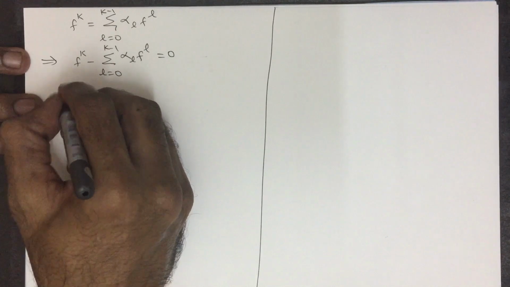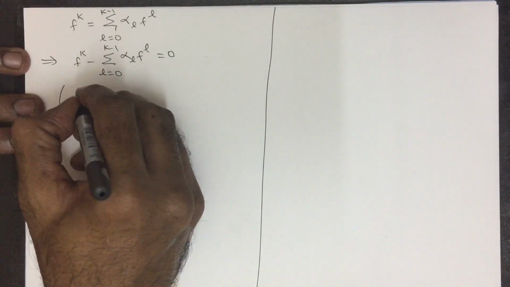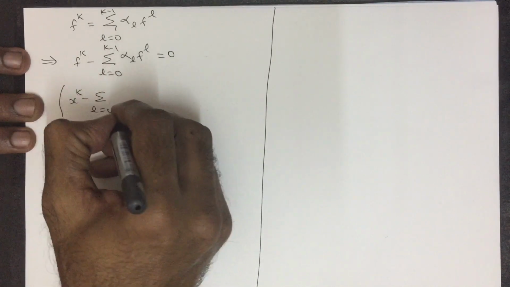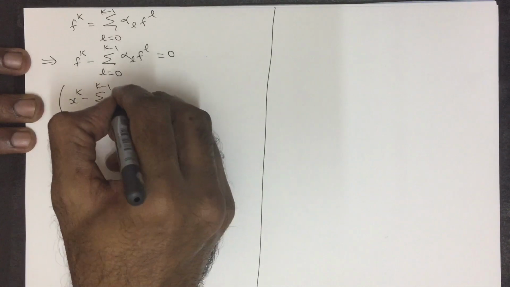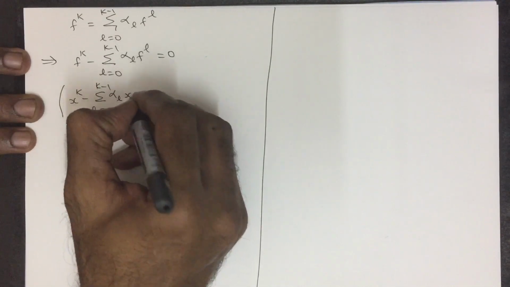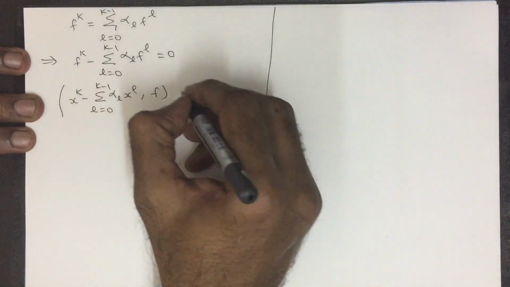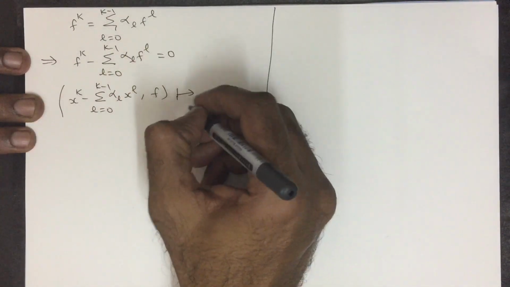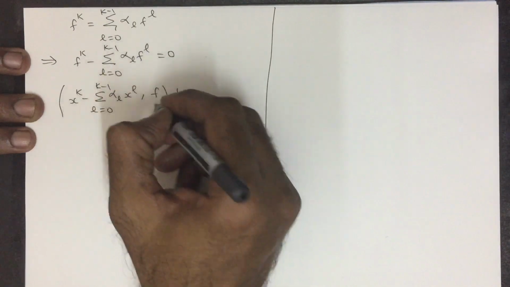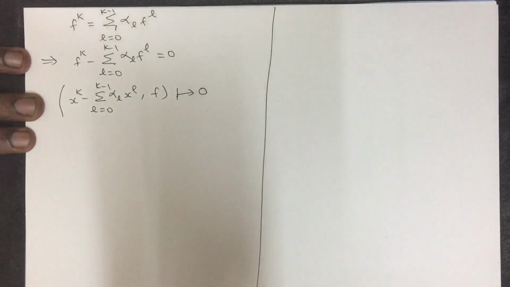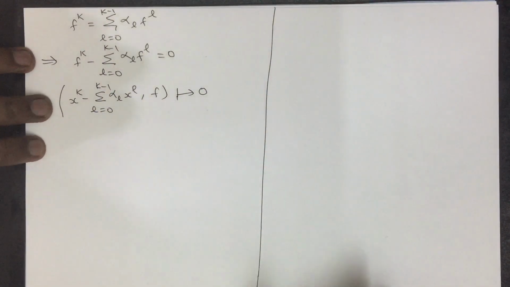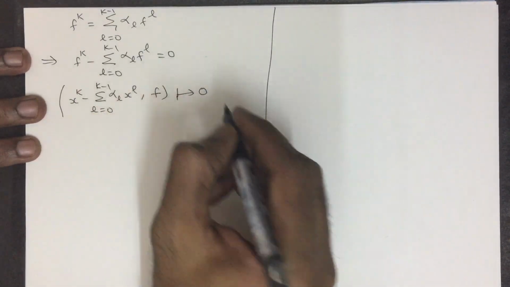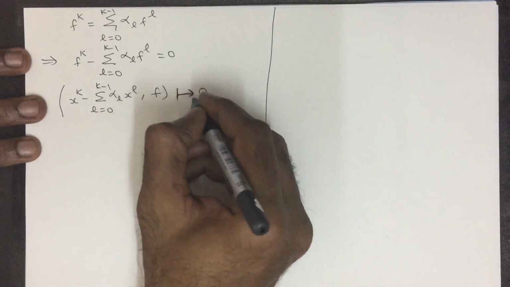Now this can be seen as the polynomial x to the power k minus the summation over L from 0 to k minus 1 of alpha L x to the power L, with composition with the function f as the algebraic structure we have just seen, multiplying a polynomial and a linear map. This polynomial with the given linear map becomes the zero linear map.